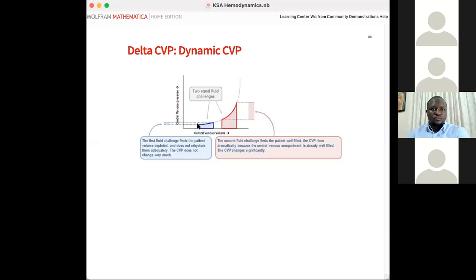So if the patient has a pressure rise that is less than 3 centimeters of water, this amount of volume that you're giving is probably the unstressed volume. The patient is still very depleted volume-wise, such that you don't see a measurable change in your venous pressure. But when you give an additional bolus and the pressure rises by between 3 and 5 centimeters of water, the patient may just be where you want them, the sweet spot or the spot of euvolemia.